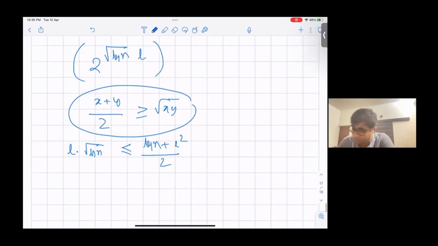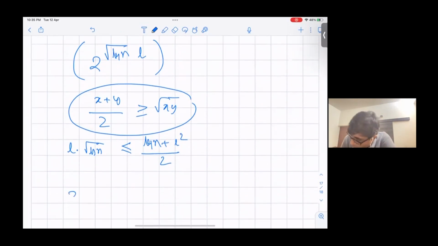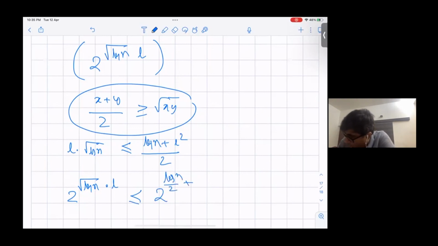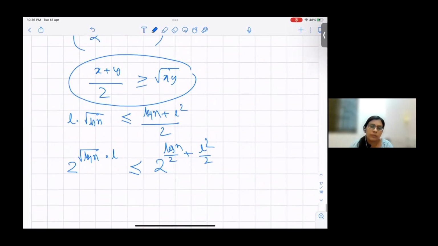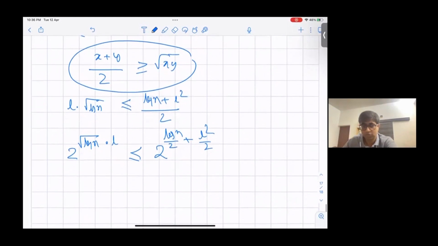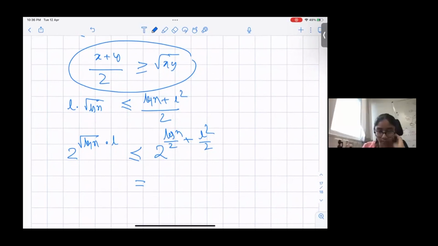Then 2 to the power square root of log n times L is at most 2 to the power log n by 2 plus L square by 2. Is that okay? Which is equal to, what is the 2 to the power log n by 2? Root n.